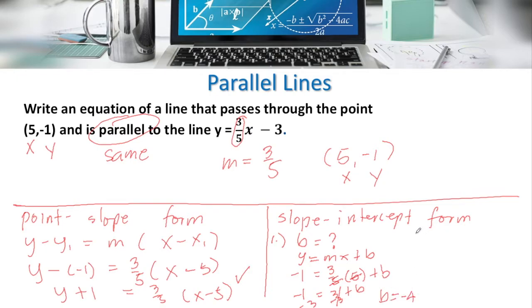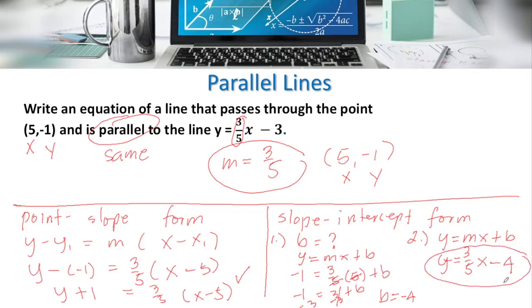And after that, write the equation in slope intercept form, which is y equals mx plus b. So y equals, the slope is 3/5 x, and whatever the sign of b will be the operation here, minus 4.